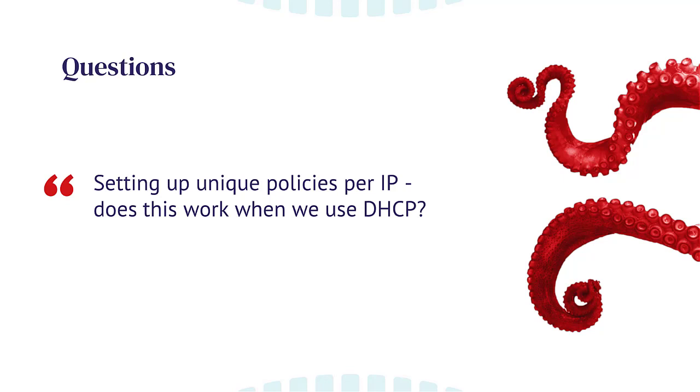Yeah, of course this is a bit tricky with DHCP. We also have approaches to cover DHCP use cases. When using DHCP, the policy can be tied to a particular MAC address, and we can integrate with the DHCP server.